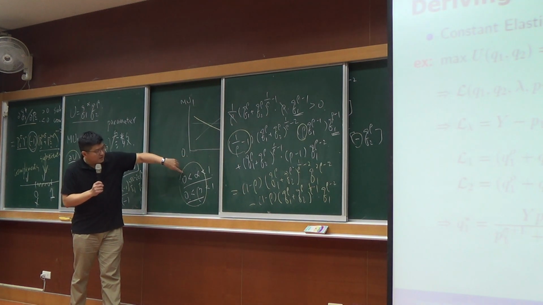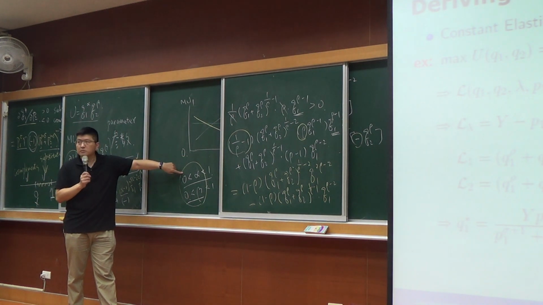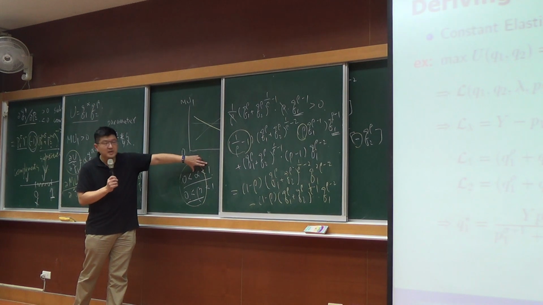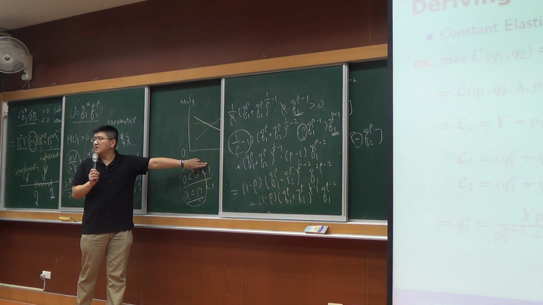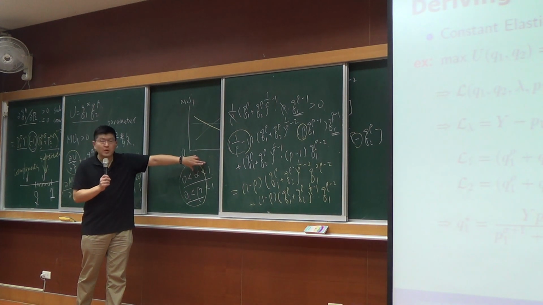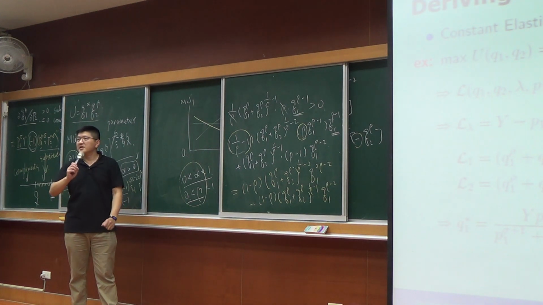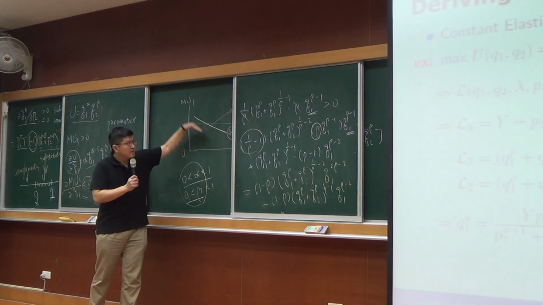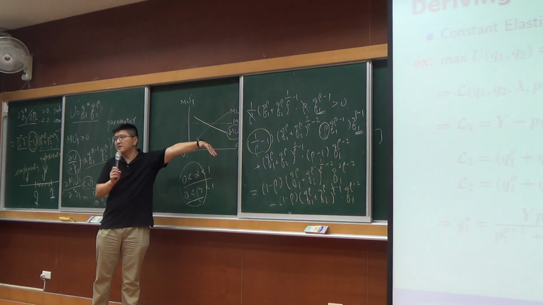So alpha greater than 0 guarantees the marginal utility to be positive. And alpha less than 1, guaranteeing what? Guaranteeing the marginal utility is diminishing.